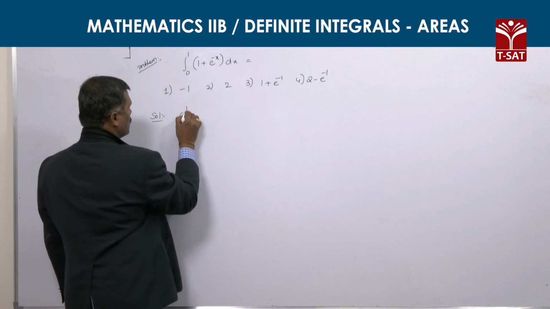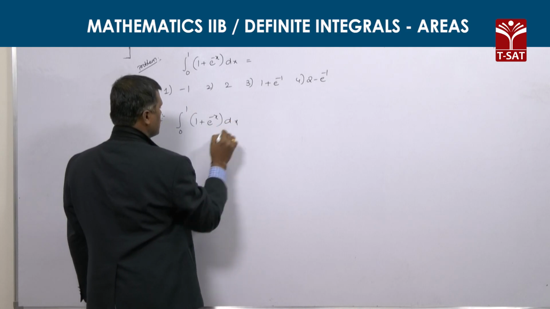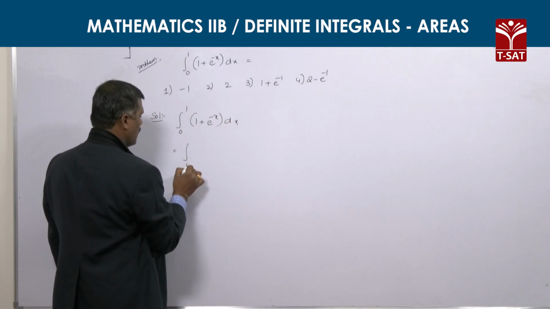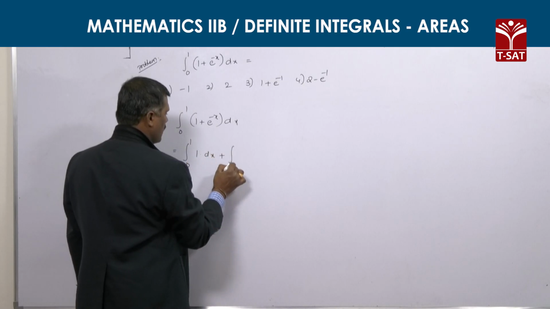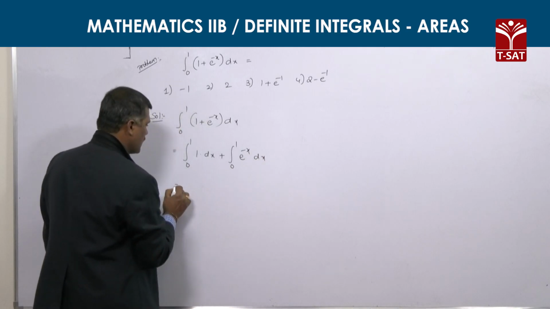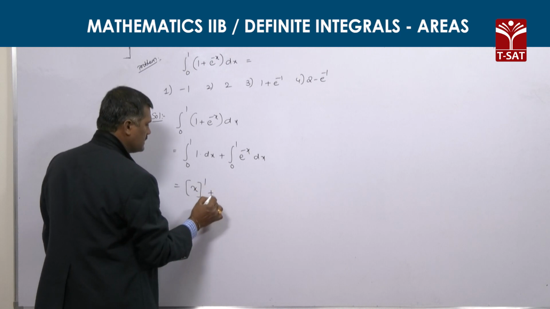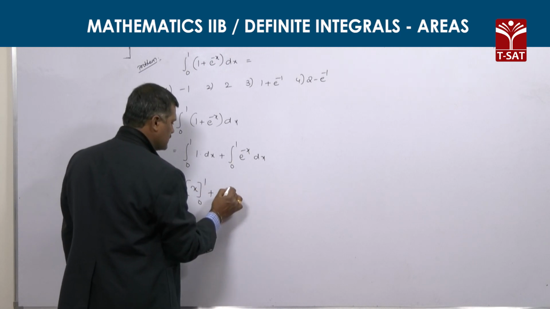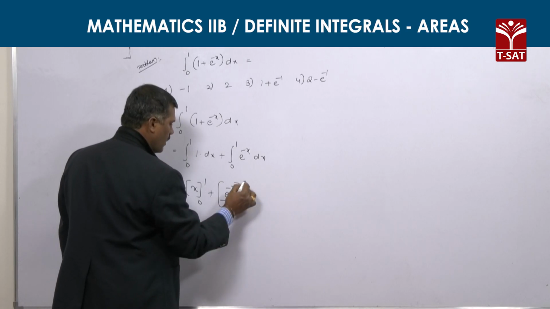Integral of 0 to 1, 1 plus e power minus x into dx, that is equal to integral of 0 to 1, 1 into dx plus integral of 0 to 1 e power minus x into dx. Integral 1 dx is x, limits 0 to 1, plus integral e power minus x by minus 1, 0 to 1.